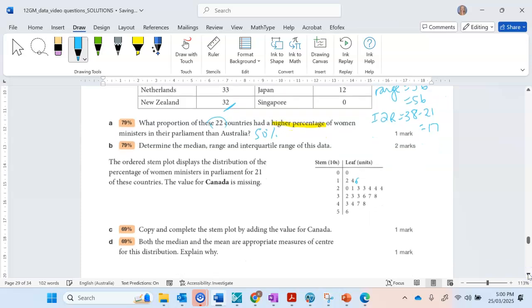Both the median and the mean are appropriate measures of centre for this distribution. Explain why. All right, so remember we've discussed this before. So when it's approximately symmetrical, which it is in this one, then you would use either the mean or the median. And you could say because the shape of the stem plot distribution is approximately symmetrical.